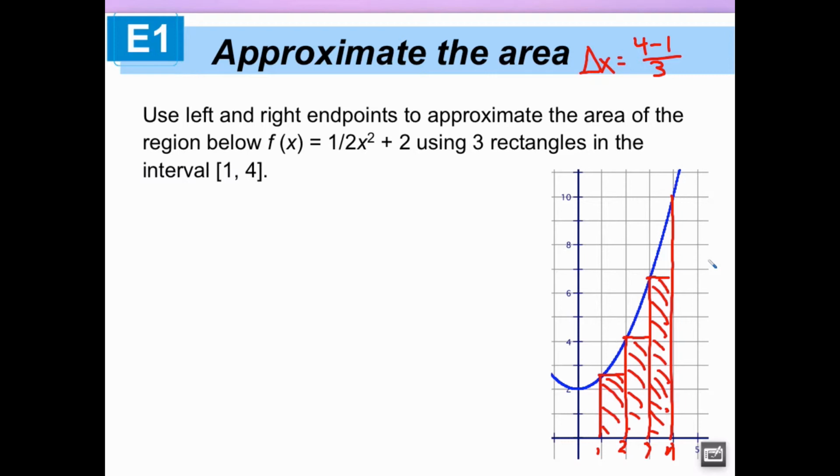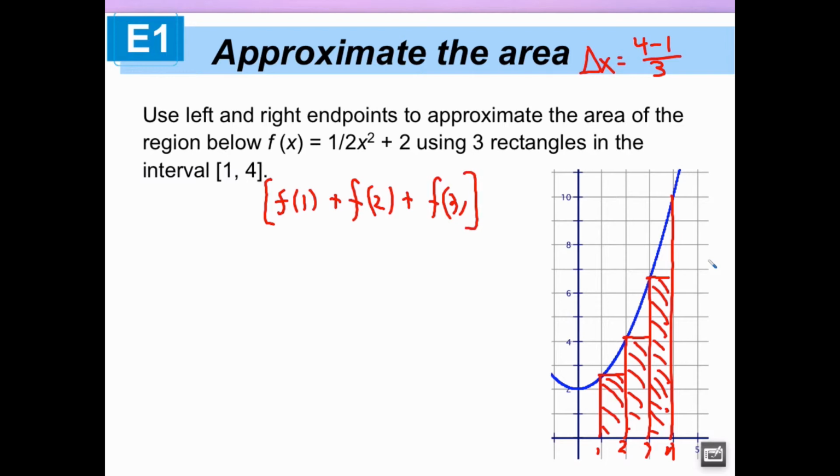Each of these are 1 unit wide. How tall is the first rectangle? f of 1. Correct. Because it's touching the curve on the left side. You got it. How tall is the second rectangle? f of 2. And how tall is the third rectangle? f of 3.